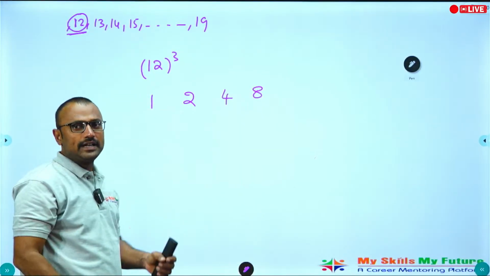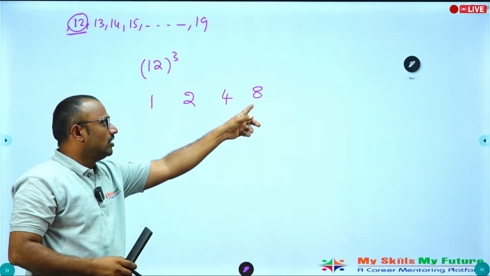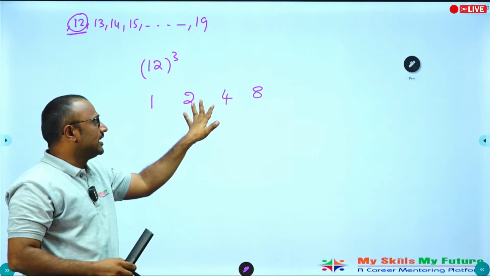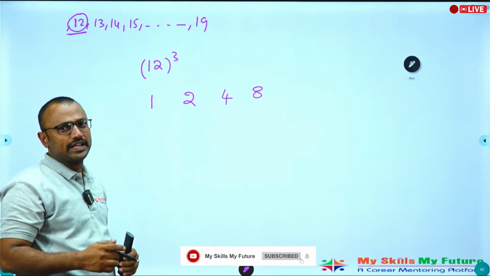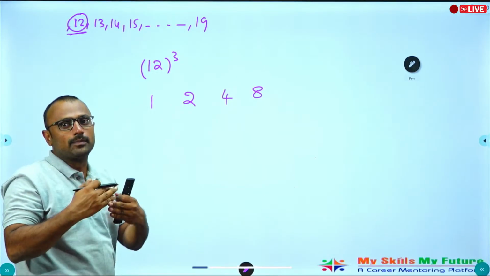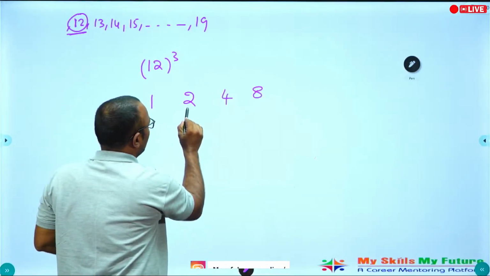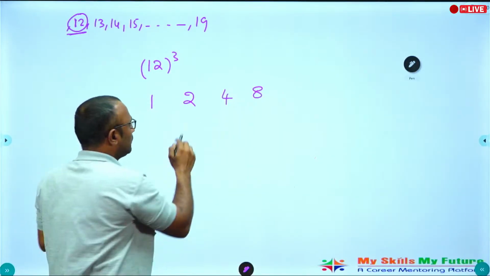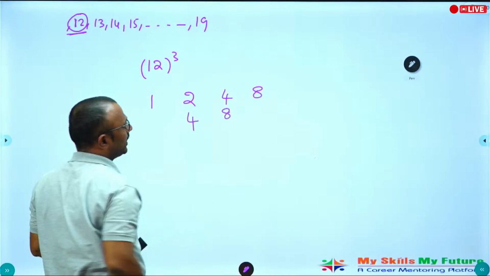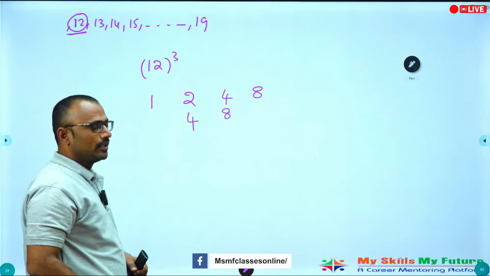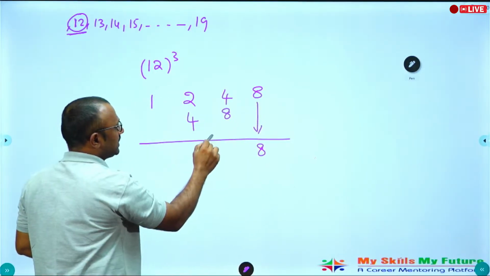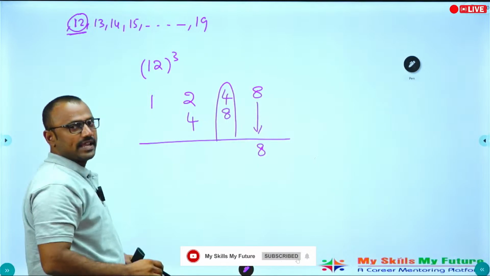Leave the last extreme values, the 8 and 1, and see the middle 2 numbers, 2 and 4. Just twice the middle numbers. Twice 2 is 4, twice 4 is 8. Now write 8 as it is and sum the numbers: 4 plus 8 we get 12.